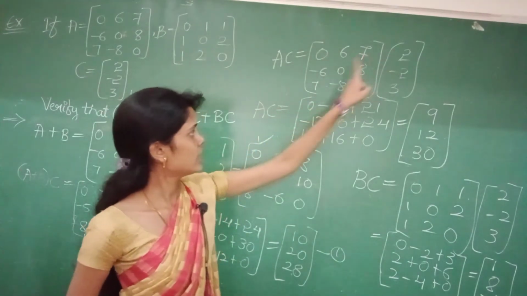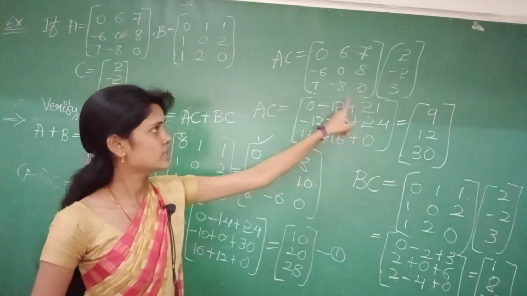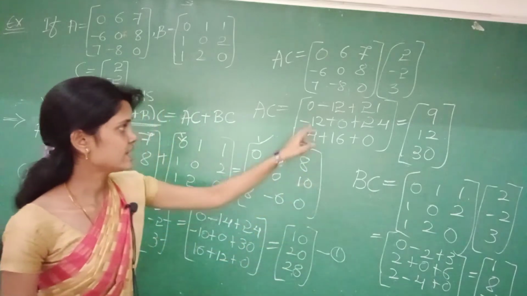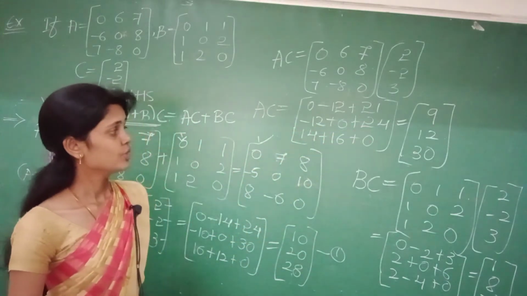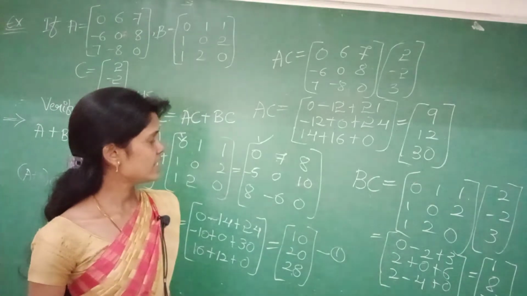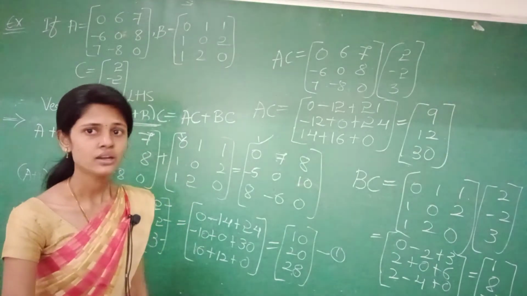0 into 2 is 0, 6 into minus 2 is minus 12, 7 into 3 is 21. Like that, minus 12 plus 0 plus 24, minus 14 plus 16 plus 0. Then what we get? AC as 9, 12, 30, right?